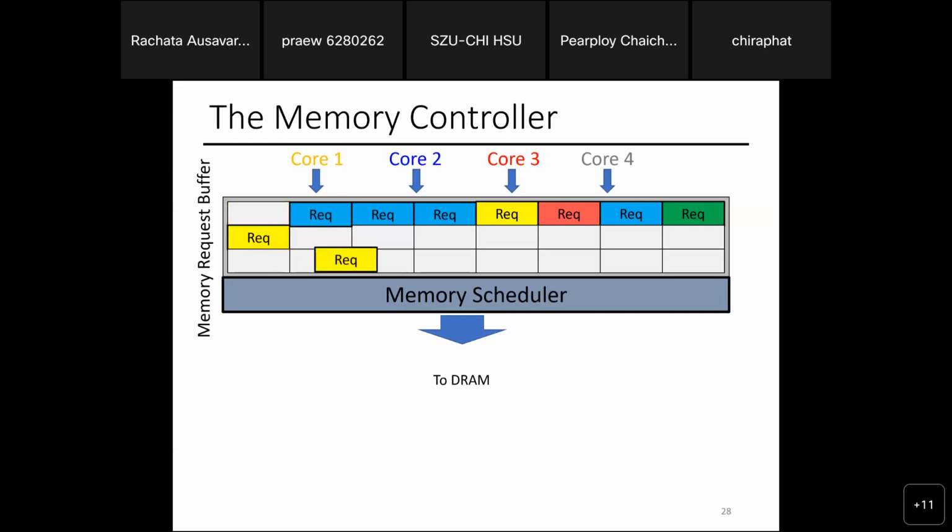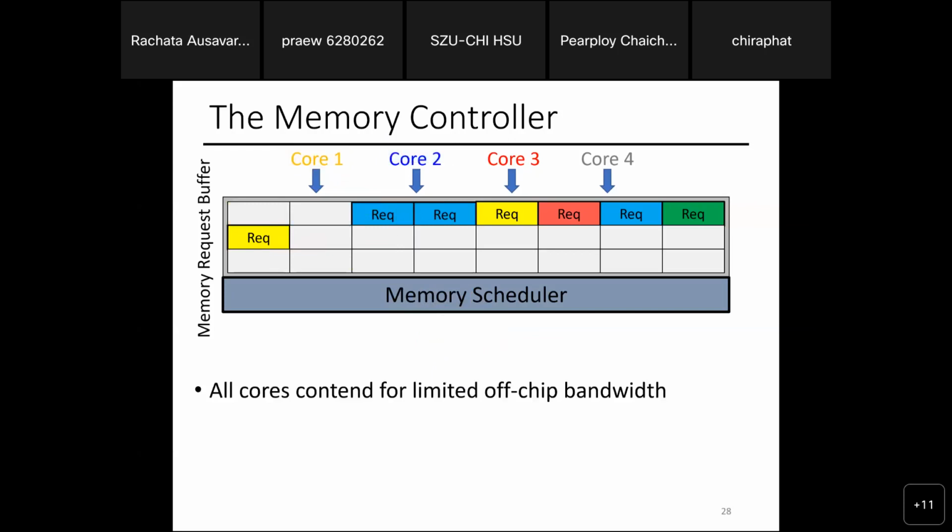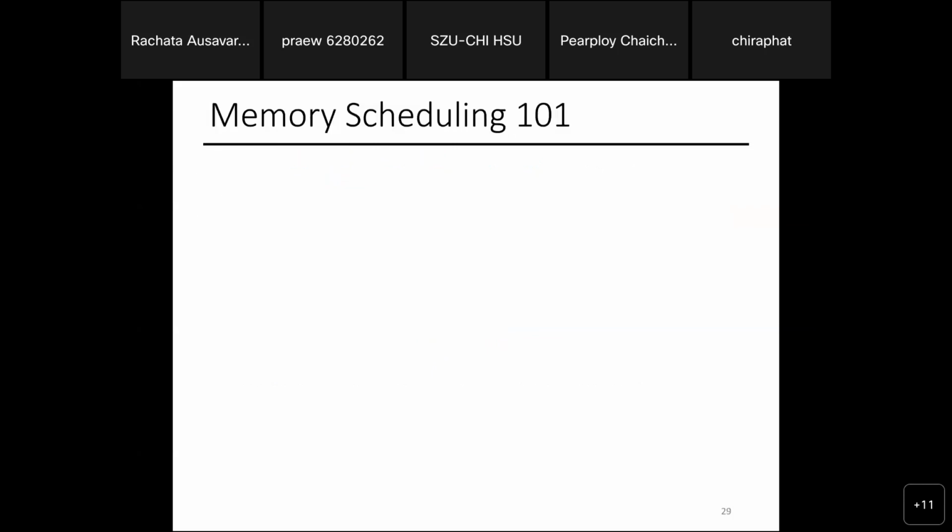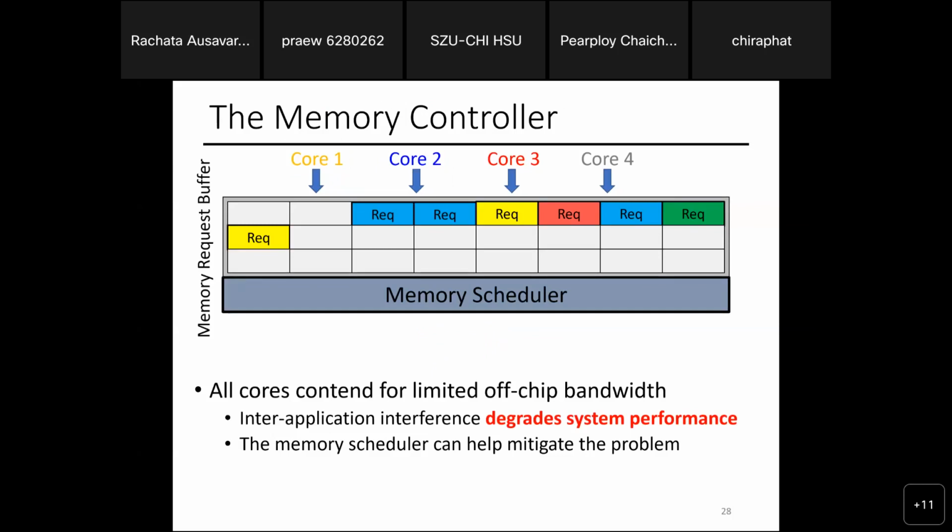The job of the scheduler is to pick which one to send to DRAM in order to make sure all these 4 programs are fast. I just pick the order in a way that I maximize bank level parallelism, send all to different banks, or I will send them to the same row. Hopefully I group it that way. Otherwise my performance can drop.